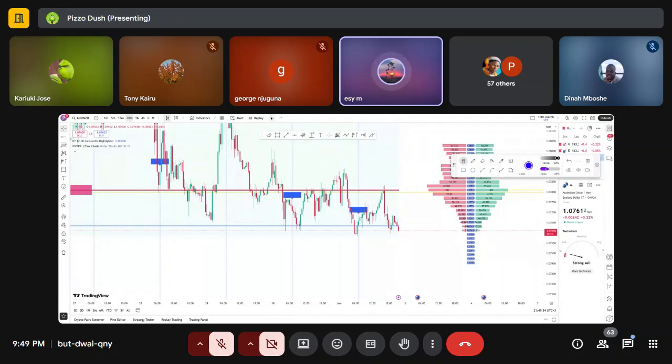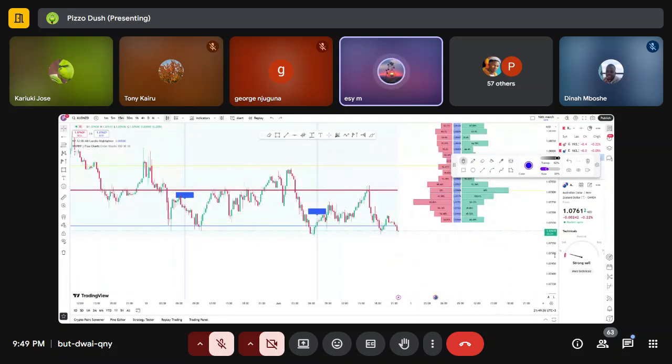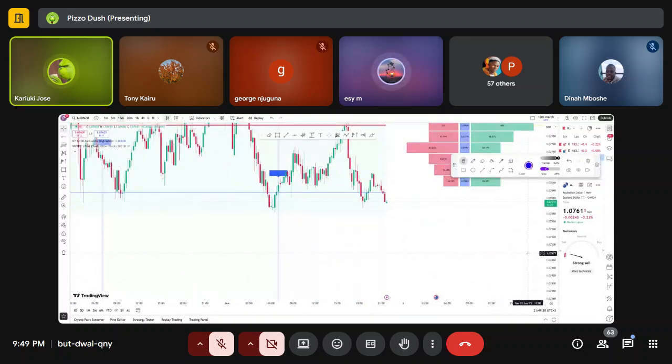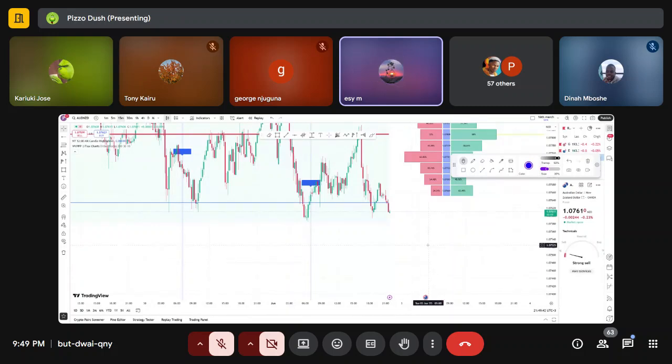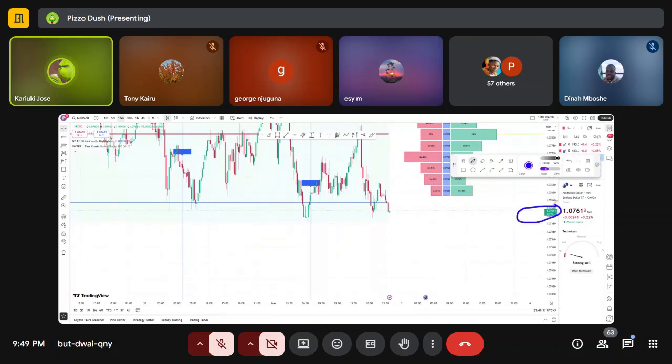Kama hii, rudi nyuma kidogo nikuonyeshe. Can you see where the candle is? Now you have to confirm price level. You can see the candle is at 1.07613 and this one is 1.07664.